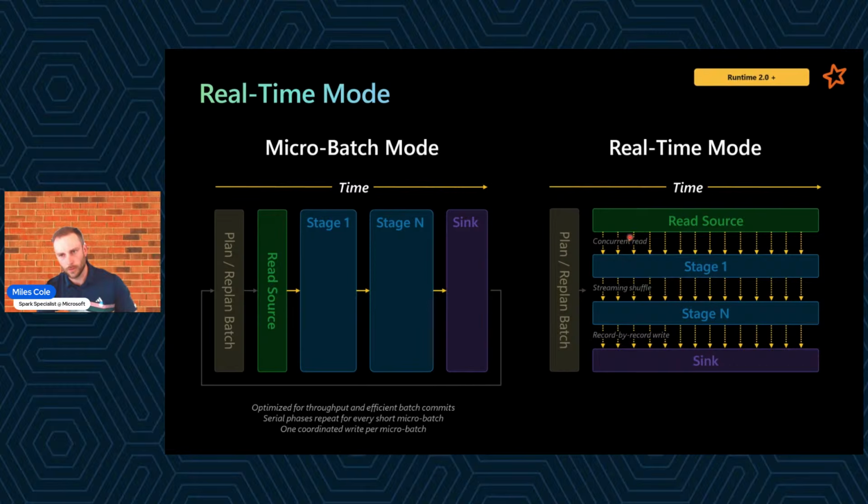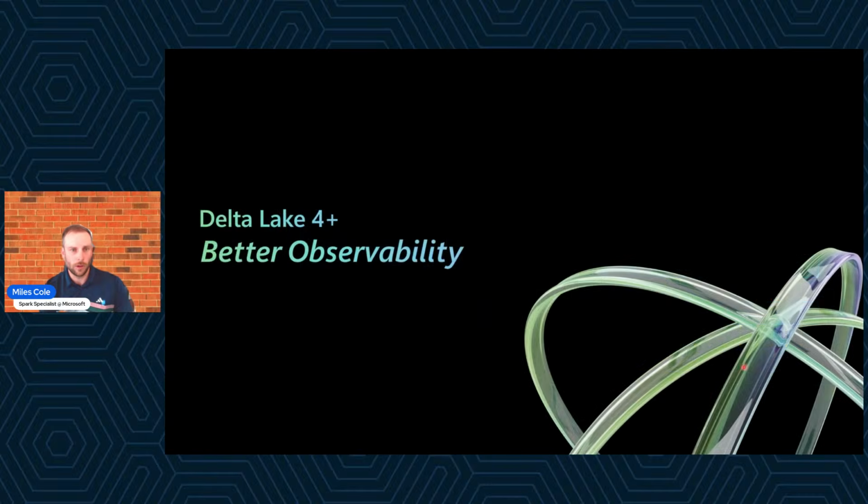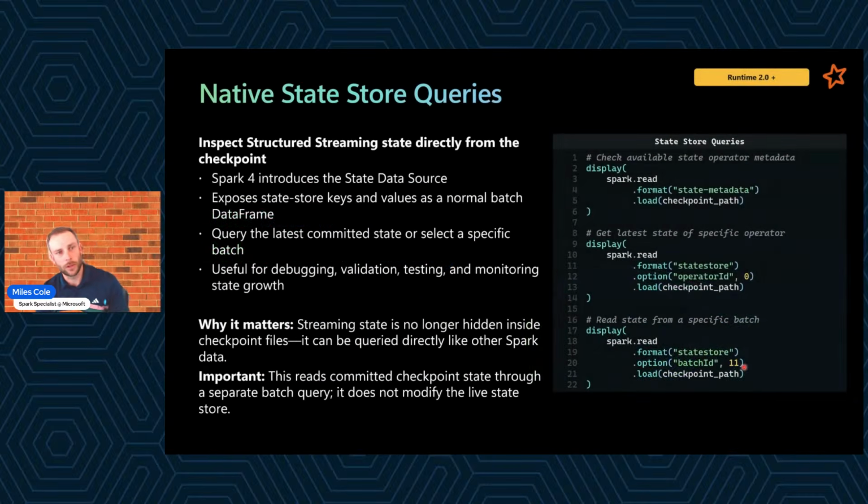The reading task is running concurrently with the stage where we have a new streaming shuffle capability, and at the same time as we're writing to the sink. This is what enables true record-by-record stream processing, which is very exciting. All available in Spark now in Fabric Runtime 2.0.